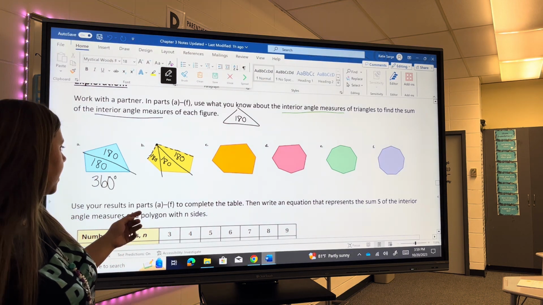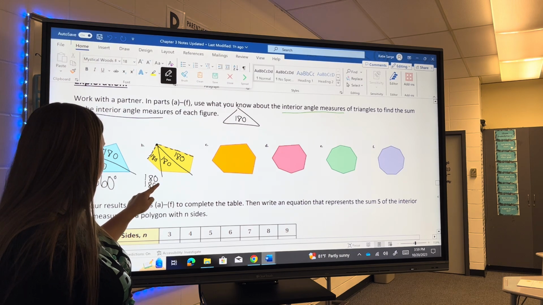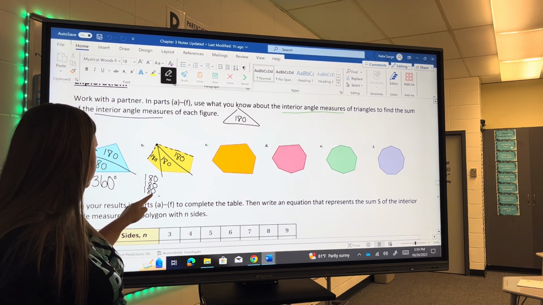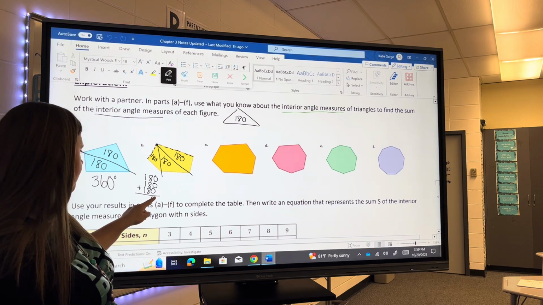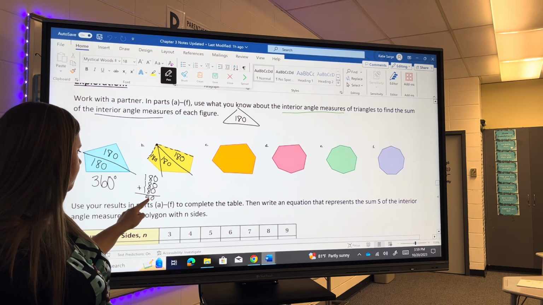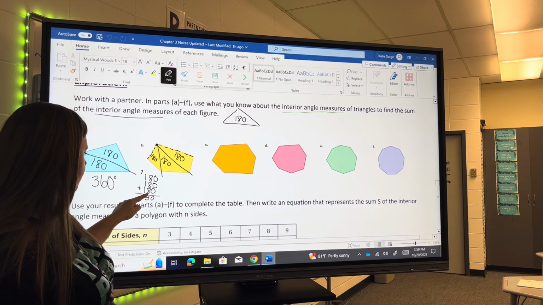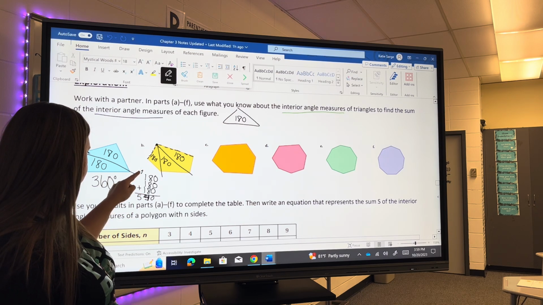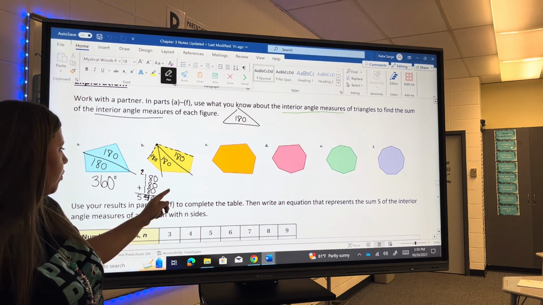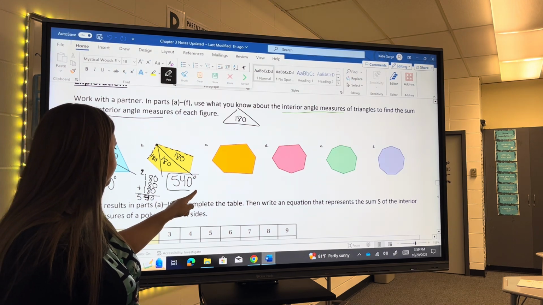So once I do that, 180 plus 180 plus 180 is 540. All of these together are 540.